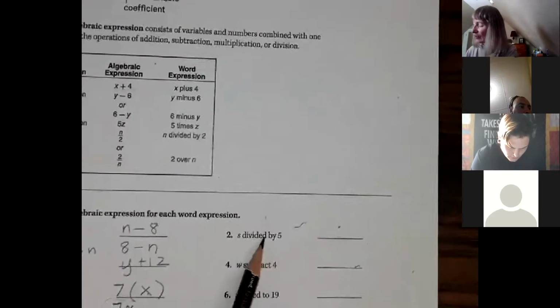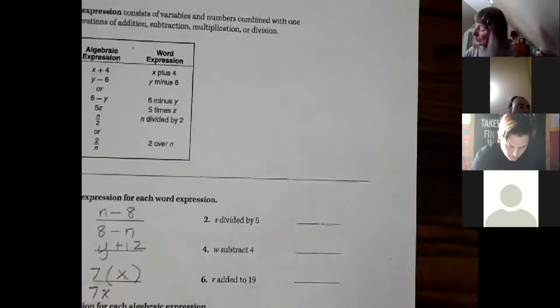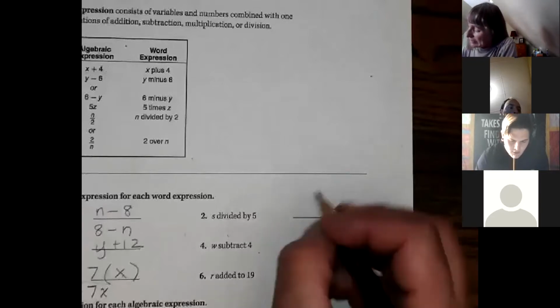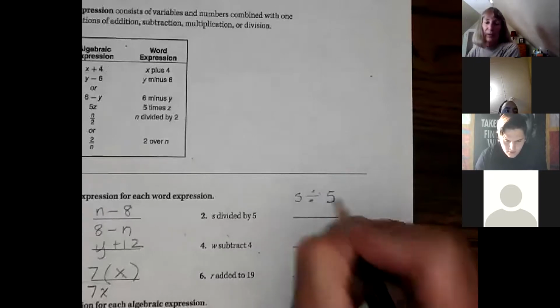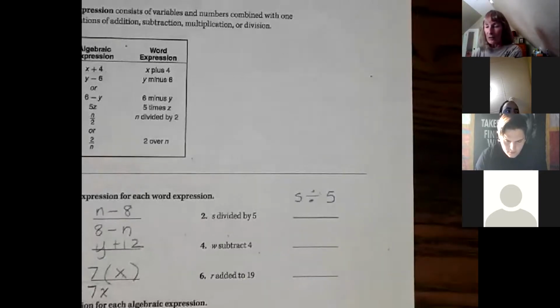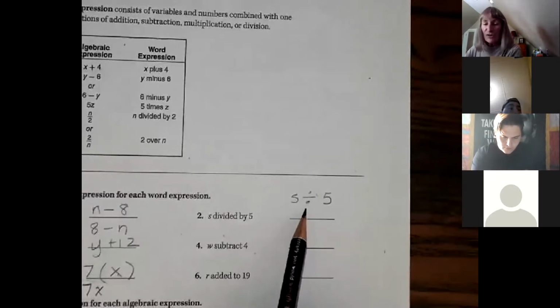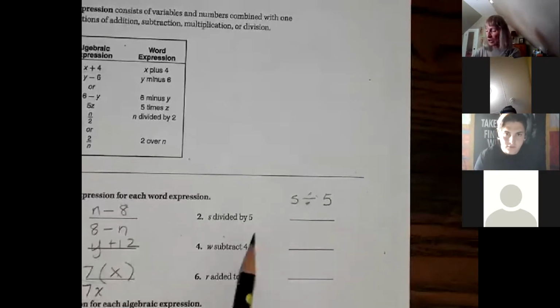Oh, here's division right here. A couple of ways to write division. First way that we learn how to do this is like this. But when we're doing algebra, it gets really hard. This thing gets cumbersome. It just gets in the way. It's hard to make it fit in with the rest of the expression.